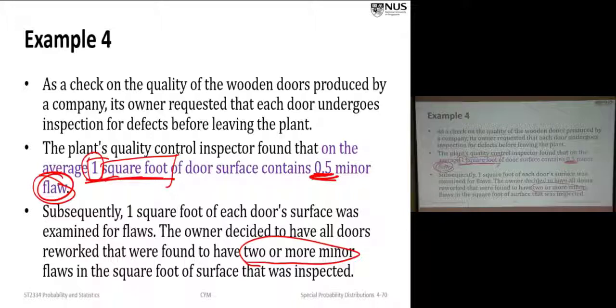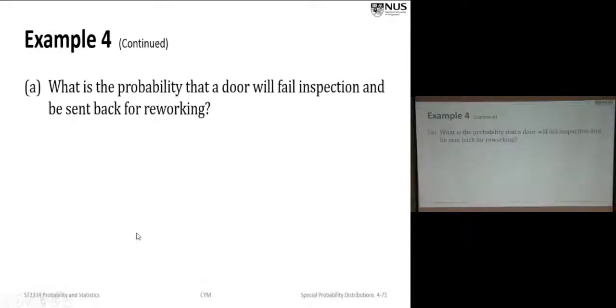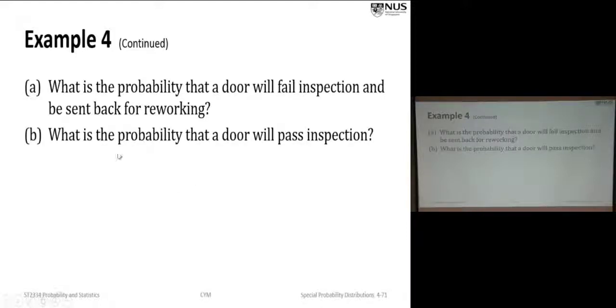So for a particular 1 square foot of the door, we look at it and see how many faults there are. What's the probability that the door will fail inspection and be sent back for reworking? And what's the probability that the door will pass the inspection? That means it doesn't have to be reworked.